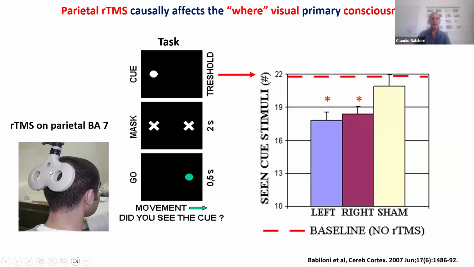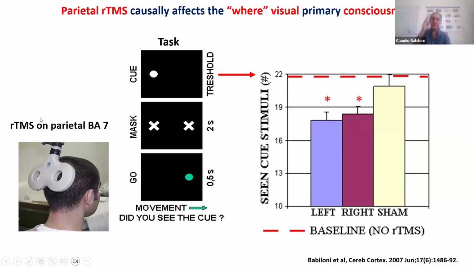And so you see in the left part of the picture that we have a butterfly magnetic coil allowing us to be very precise in the transcranial magnetic stimulation of the parietal cortex in the Brodmann area 7, in the posterior parietal cortex involved in visual and spatial information processing.